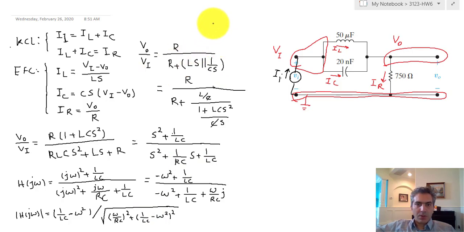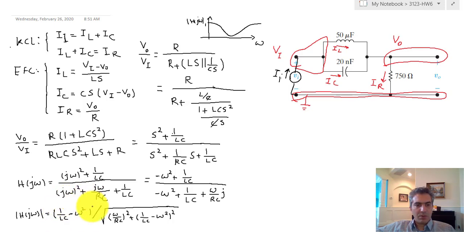So quickly showing this: if this is ω and this is the magnitude of H(jω), it starts at 1, goes down somewhere in the middle and then goes back up. Now how far does it go down? If you look at this, you can clearly see that it's going to go all the way to 0 when ω is equal to the square root of 1 over LC.